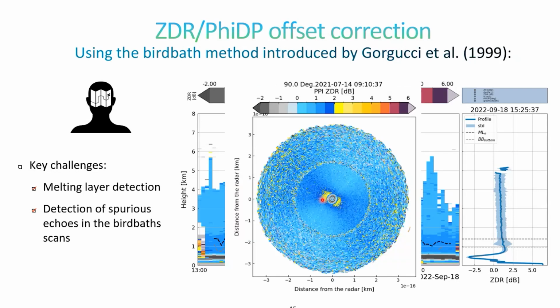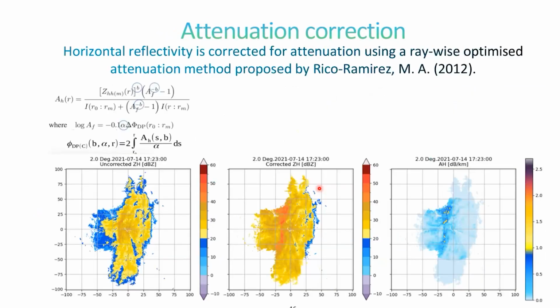But a challenge that still remains is how we can detect these spurious echoes, so we can make sure that ZTR is usable for generating QPE.